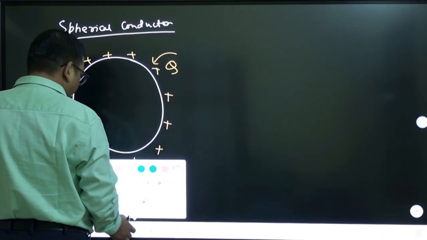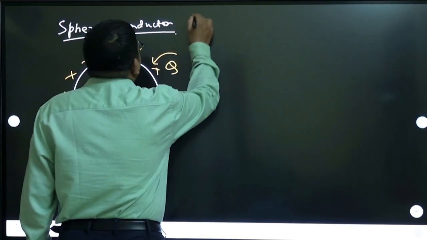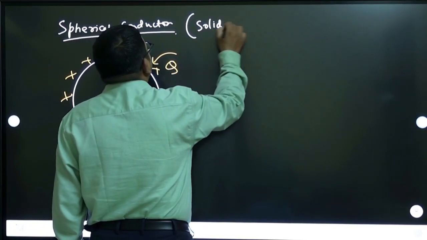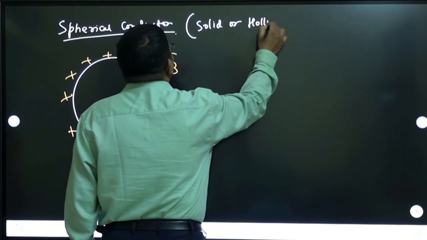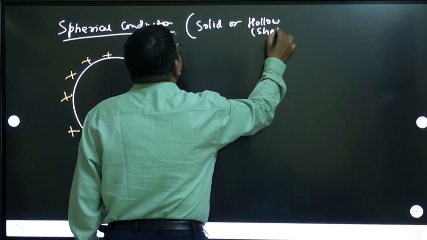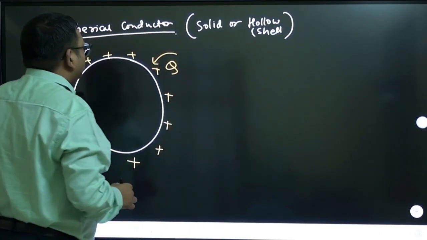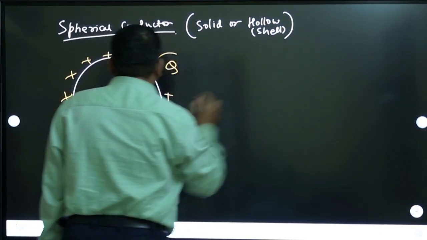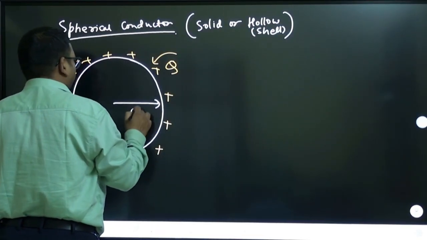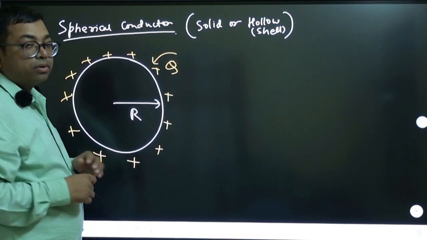Note that this spherical conductor can be either solid or hollow. Hollow means it is like a shell. So it can be anything, and its radius is R, because charge will be stored only on the surface.